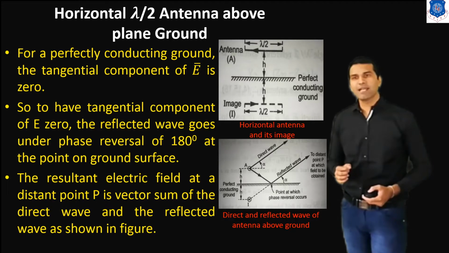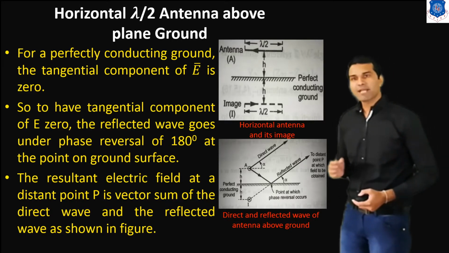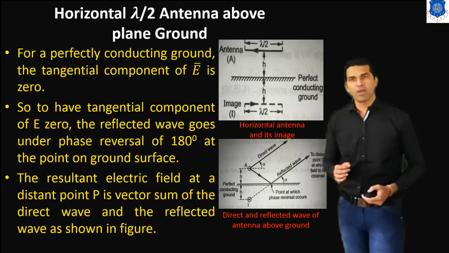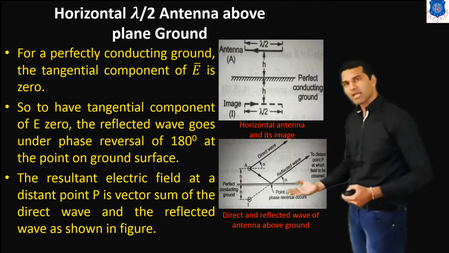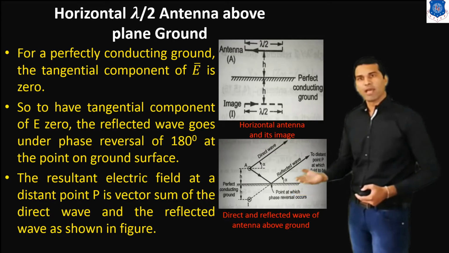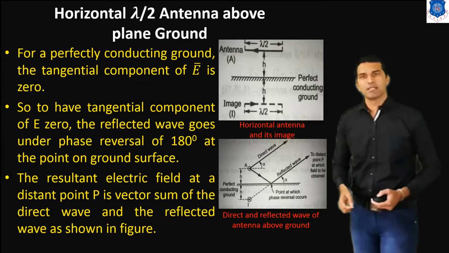The resultant electric field at the distant point P is the vector sum of the direct wave and the reflected wave as shown in the figure. So here in the second figure we can see this is the direct wave and this is the reflected wave, and at the point P this is the sum of the direct wave and reflected wave.